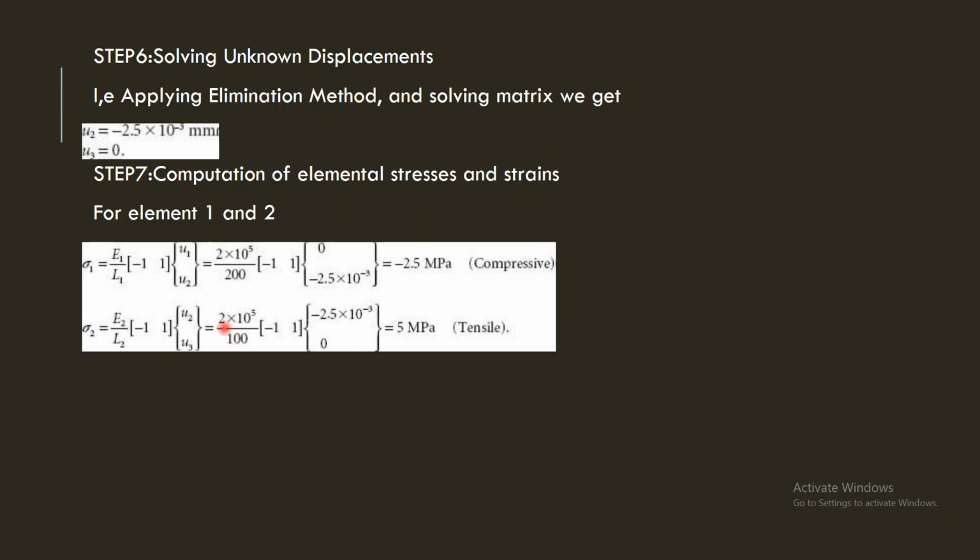So the E2 value, I know that it is 2 into 10 raised to 5 divided by 100, minus 1, 1. What are the values of U2? Minus 2.5 into 10 raised to minus 3 and U3 is 0. So I got 5 megapascal. So observe the values also. Sigma 1 is minus 2.5 megapascal, which is compressive. Sigma 2 is tensile. Okay.